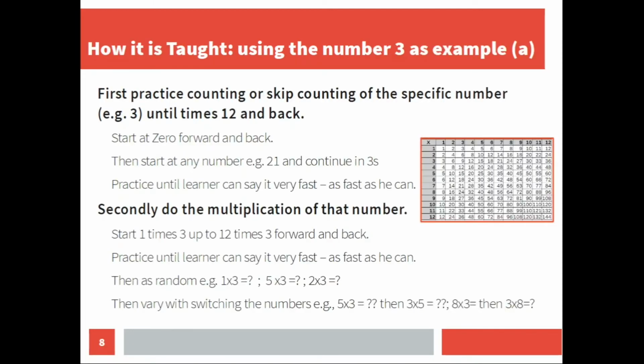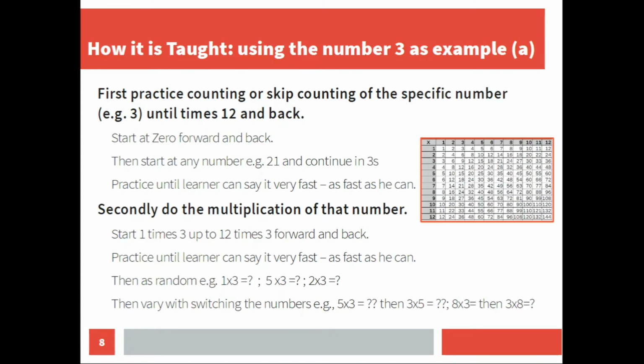Now, how do you teach it? You first practice skip counting, and you have your multiplication chart there. In this example, we use 3: start at 0, then 3, 6, 9. Let the child follow on the chart.